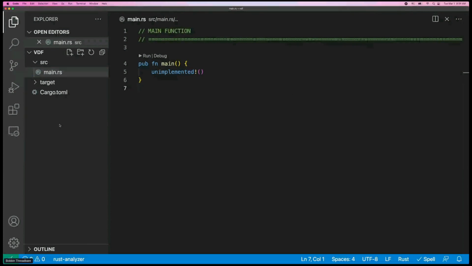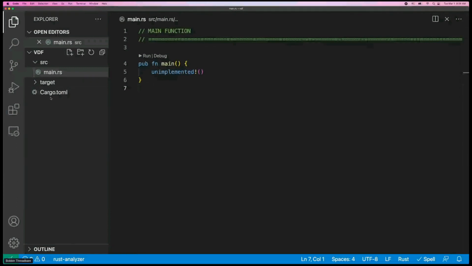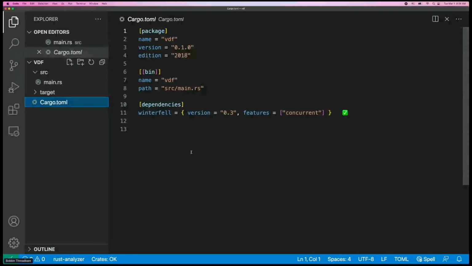Sounds good. All right. So here I have a basic project set up in Visual Studio Code. Just to show what we have here, we just have a single dependency, which is Winterfell, and we're using a concurrent feature to generate proofs concurrently. So fairly bare bones stuff here.